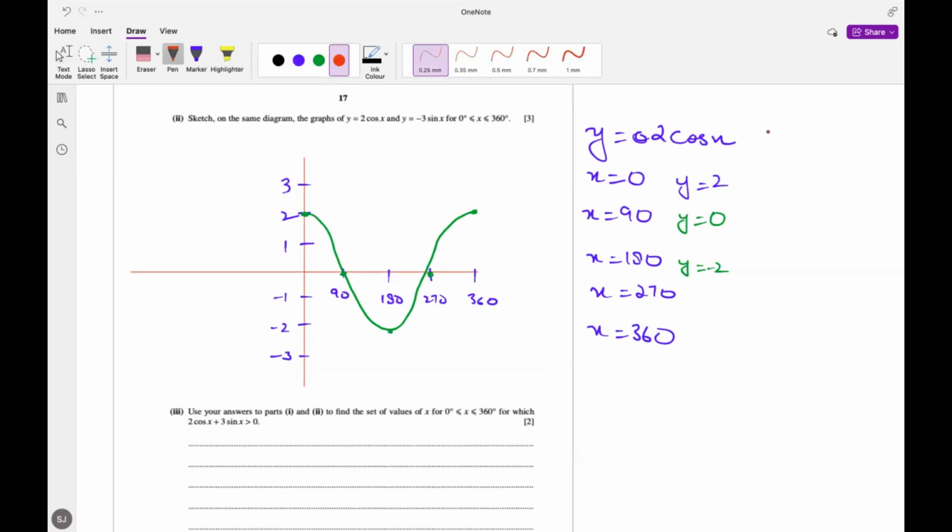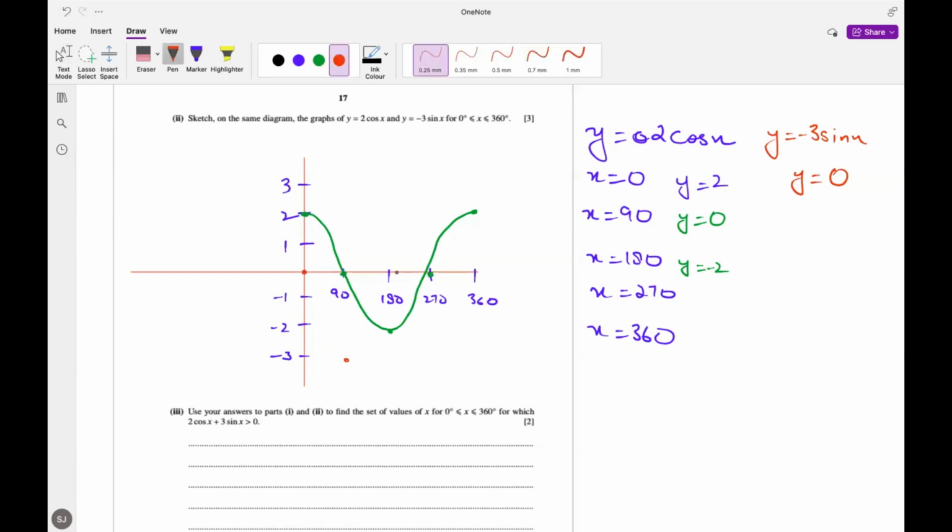Similarly, for the graph of y equals -3 sine of x, we'll use the values of x as 0, 90, 180, 270, and 360. So sine of 0 is 0. So the first value will be x is 0 and y is 0. Sine 90 is 1. So -3 times 1 will be -3. Sine of 180 is 0.